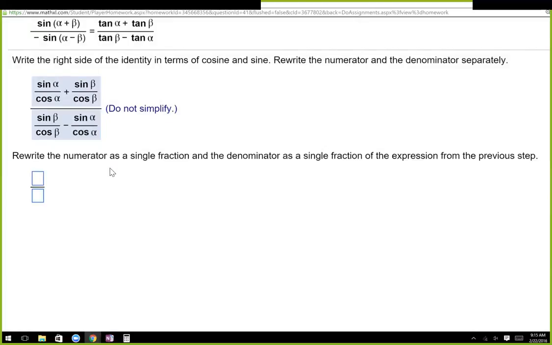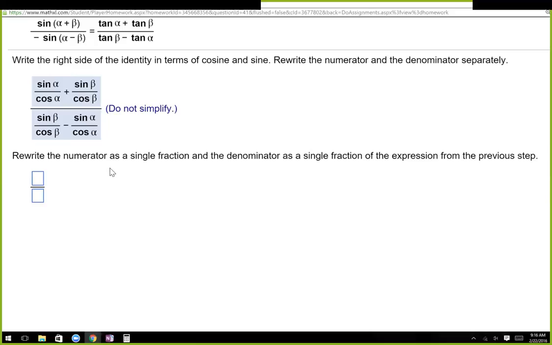So rewrite as a single fraction. Wait, what? I don't know what that is. So all we did in the first step was write the tangents as sine over cosine all the way across. Now we notice the little denominators, we talked about this in algebra.